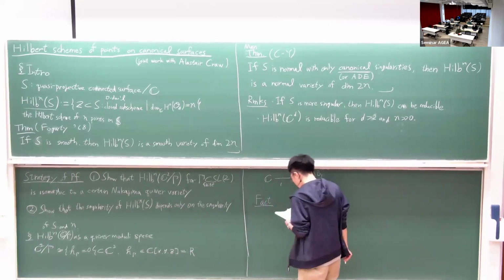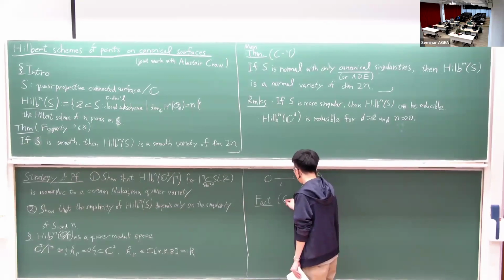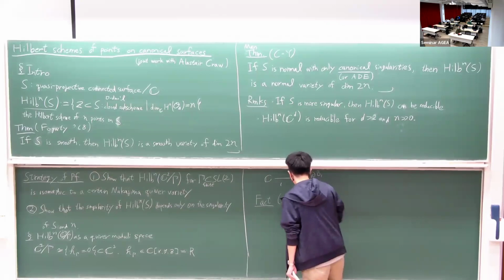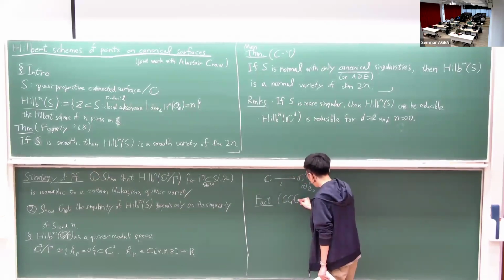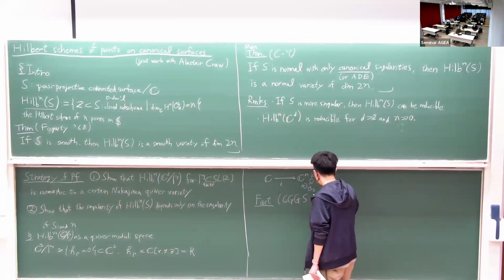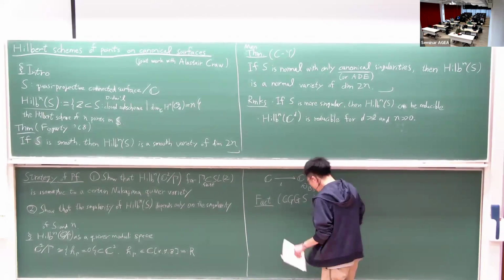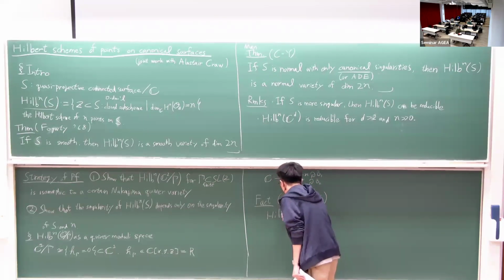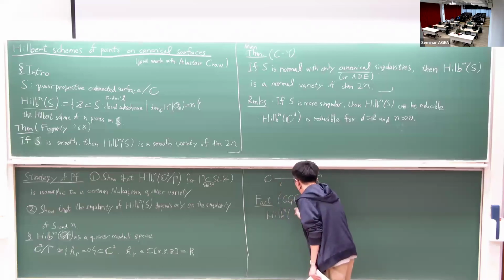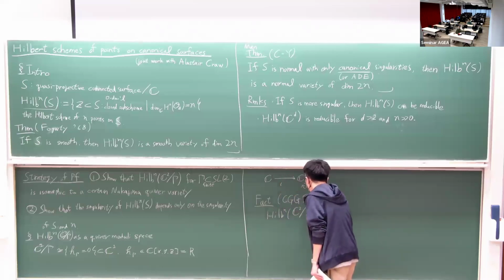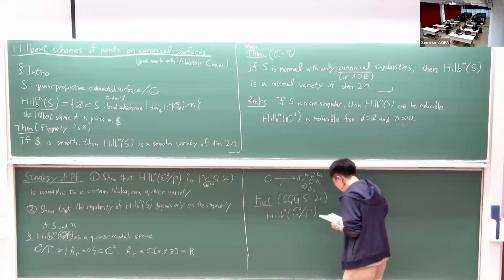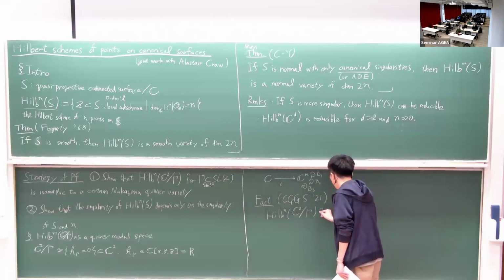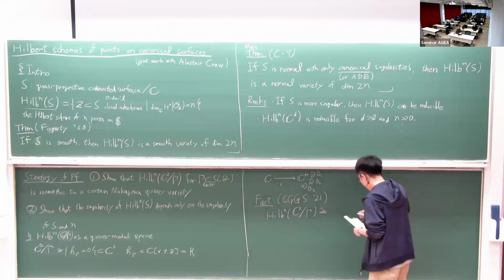This is due to Crawley-Boevey, Gomez, Gonzalez, and Sternberg. The Hilbert scheme of points on C2 mod gamma is isomorphic to the following space.